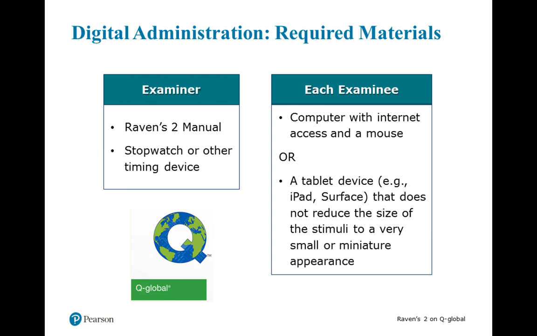For the digital administration, the examiner will need the Ravens 2 manual and a stopwatch or other timing device. Each examinee then will need a computer with internet access and a mouse, or any sort of tablet device that doesn't reduce the size of the stimuli to very small or miniature. So just a normal size tablet would also suffice.